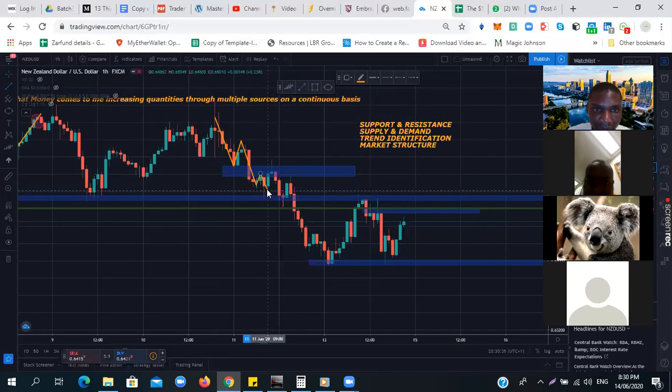Then it pulled back. Then it came down again all the way here, and then it pulled back. Then it came all the way down, and then it pulled back, just like that.